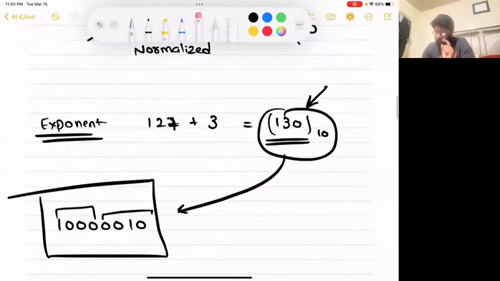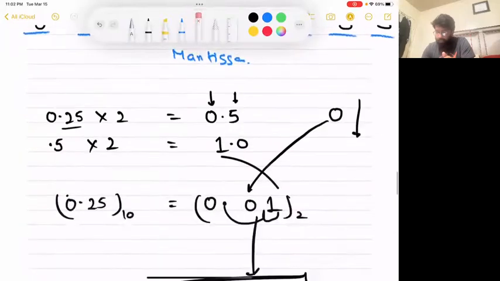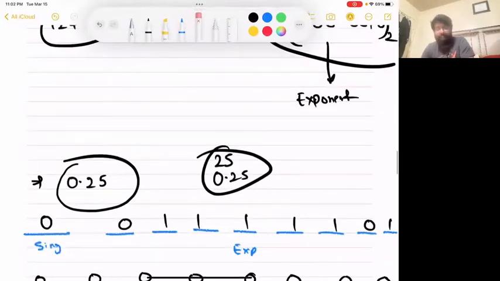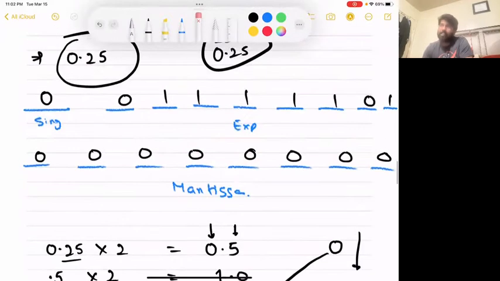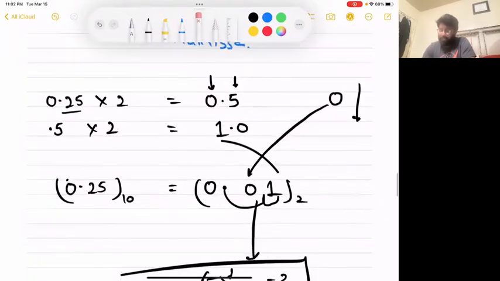And we did something new, which was converting 0.25 to binary. Since we have 0.25, we cannot divide by 2, so we do 0.25 multiplied by 2. We keep doing that until we get 1 as a result.